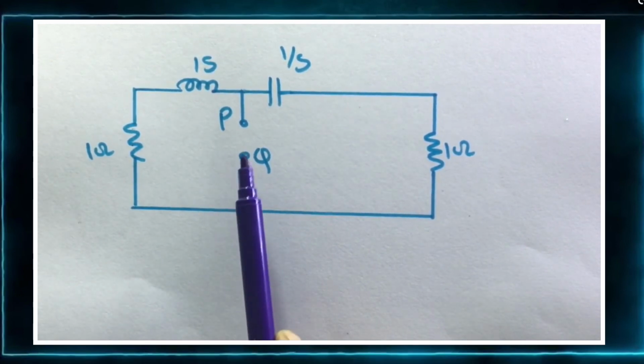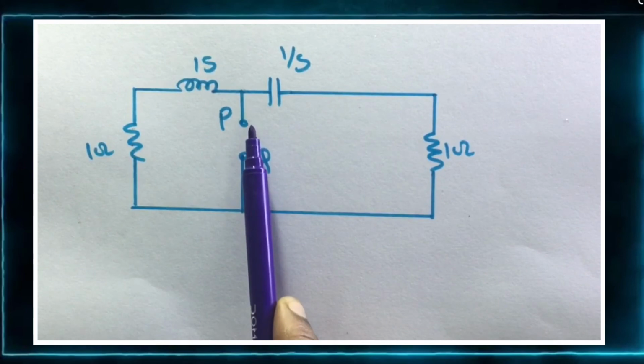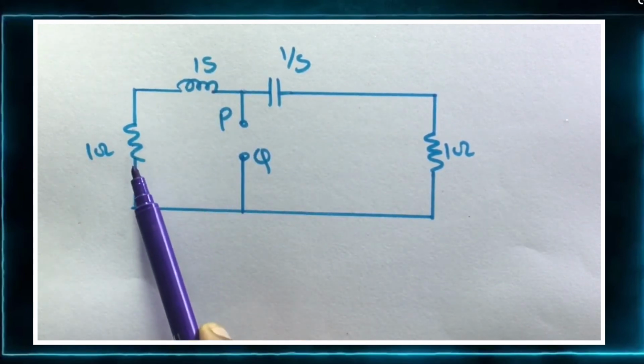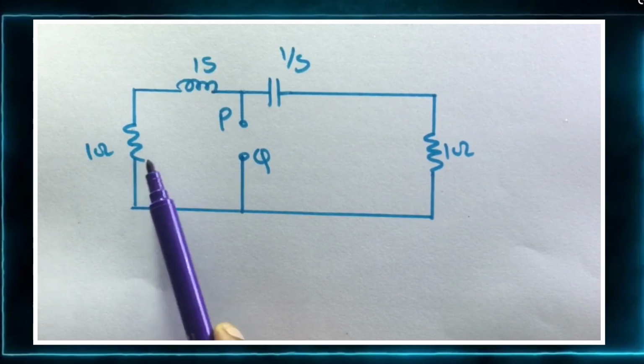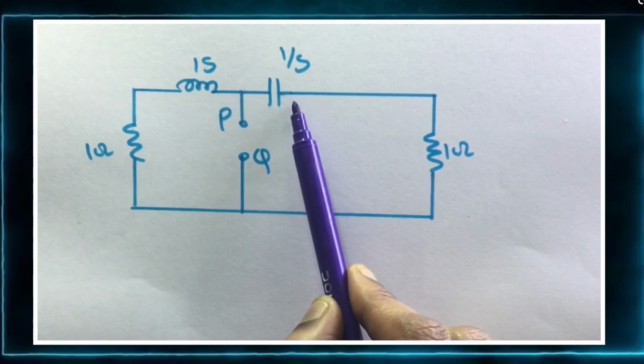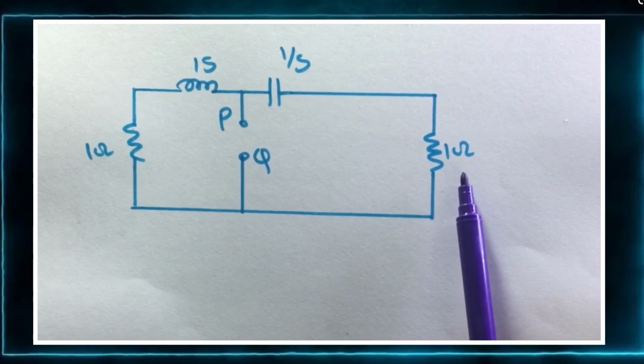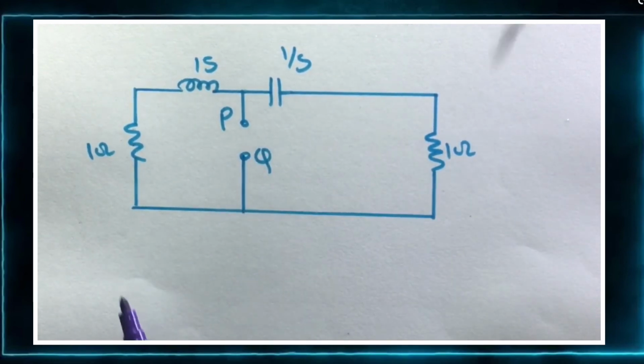So we get a network like this, and when we look from terminals PQ, this 1s impedance and this 1 ohm impedance are connected in series, and this 1 by s impedance and this 1 ohm impedance are also connected in series, and these two series combinations are connected in parallel.